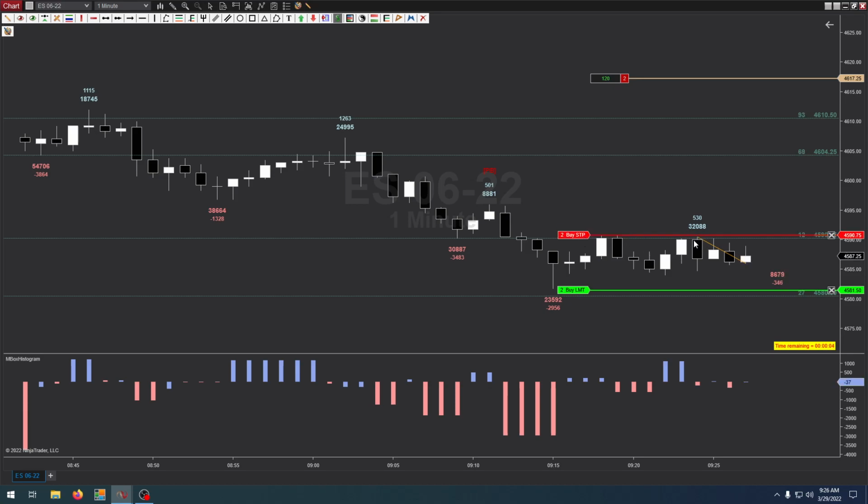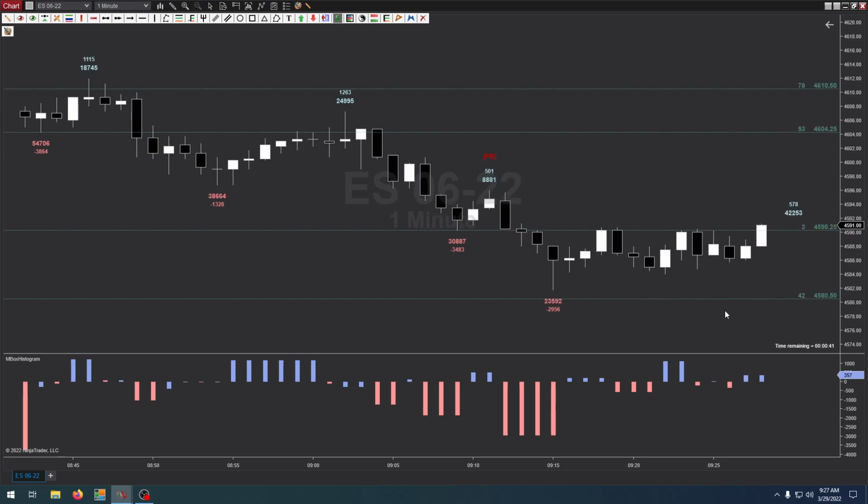Right above this swing high right here, where I am. There we go, it's going to take out this high right here. Just like that. And we're done.